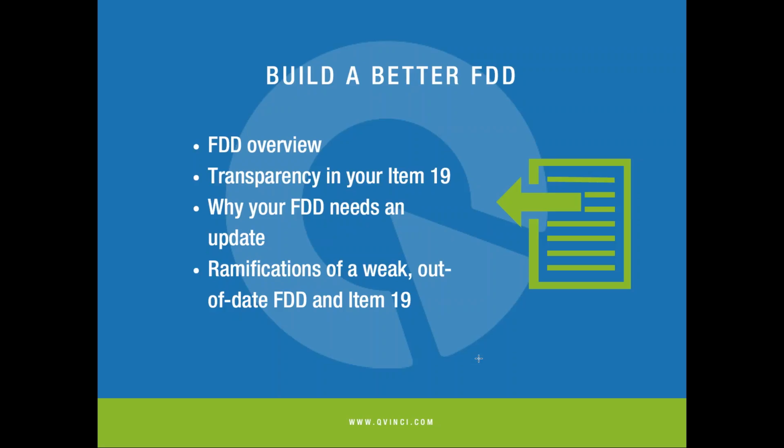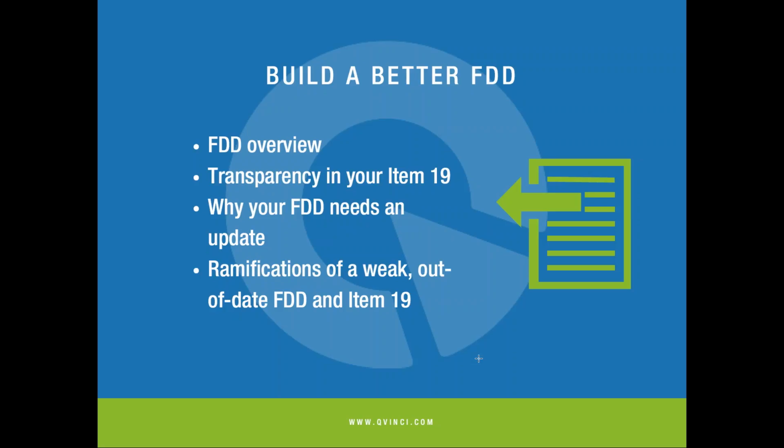In the past, it's been a problem with FDDs that they put their best foot forward, only including top performers, or massaging the numbers to give the strongest picture painted. And while that may sell you a lot of franchises, what it also does is create an expectation among the franchisees or prospective franchisees that that level of performance is there when it may not be.